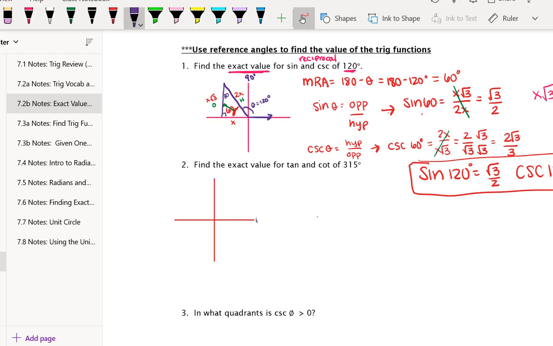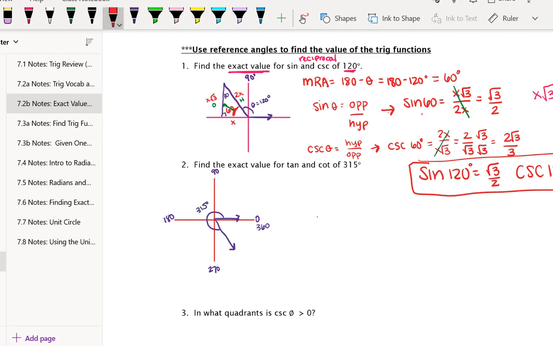Remember, this is 0, this is 90, this is 180, this is 270. So 315 degrees, because this is 360 as well, is going to be over here in quadrant 4. Starting with my initial ray, I'm going to rotate around, and I know that I'm somewhere between 270 and 360. So this is my 315 degree angle.